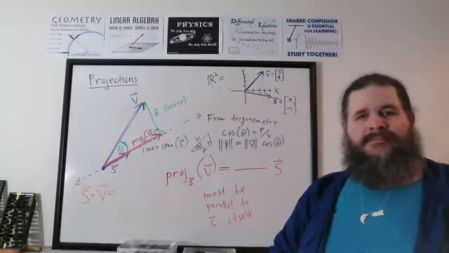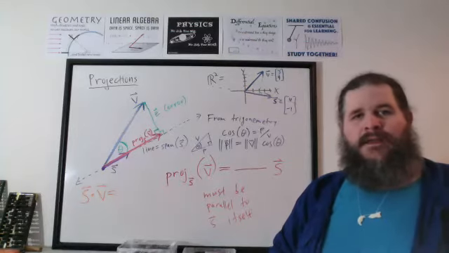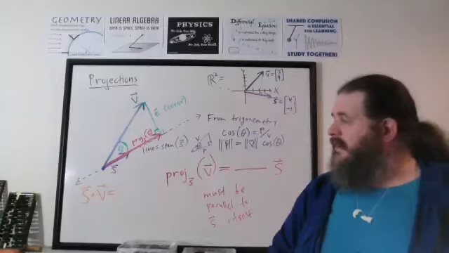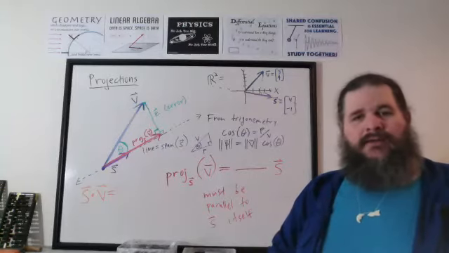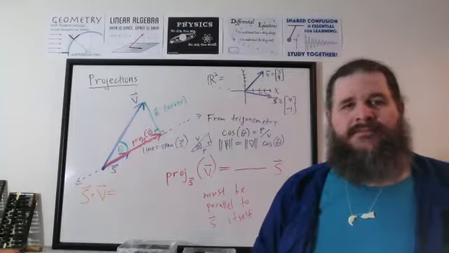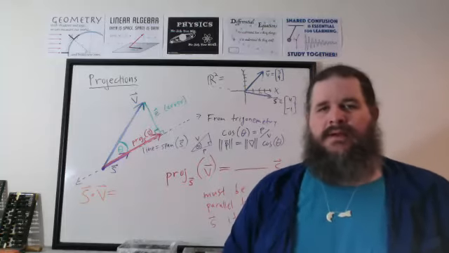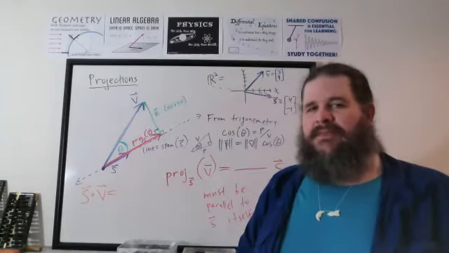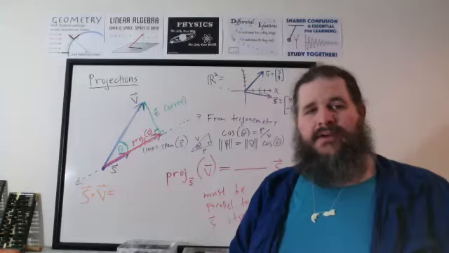You can use this to find whether they're orthogonal or not. When would they be orthogonal? What would that tell you about the dot product? It's equal to 0. Right. And ultimately that happens because cosine of 90 degrees is 0.